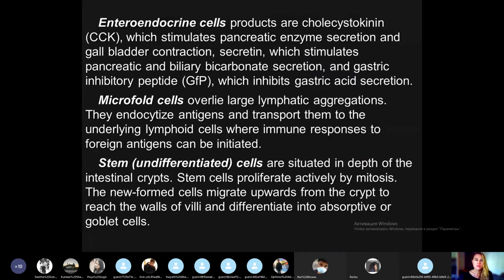Enteroendocrine cells of the small intestine are typical diffuse neuroendocrine system cells that produce such hormones as cholecystokinin and secretin. These two hormones affect secretion of the pancreatic cells.